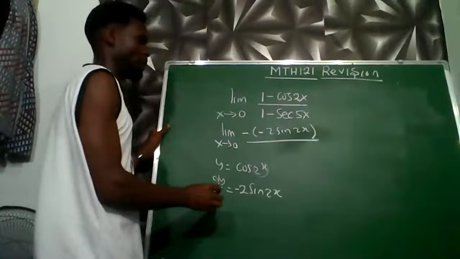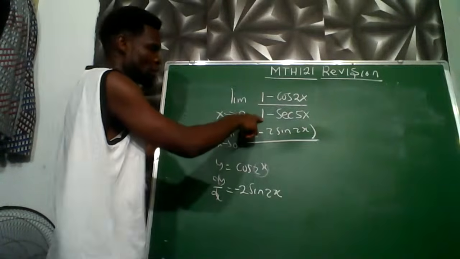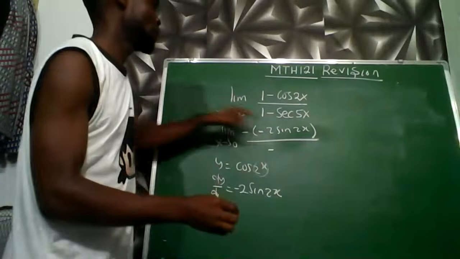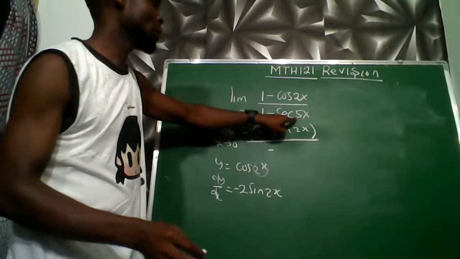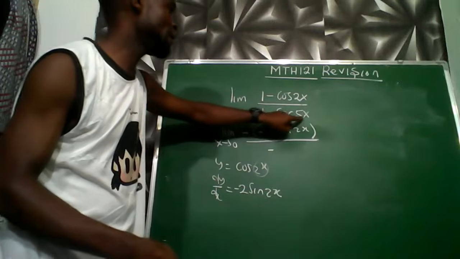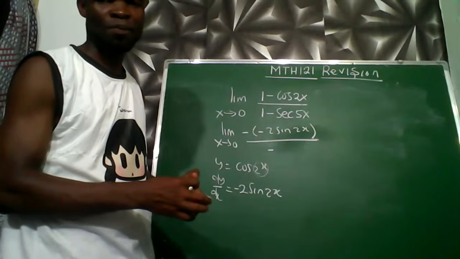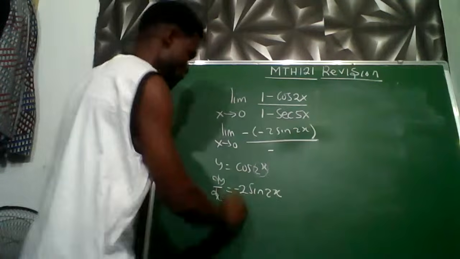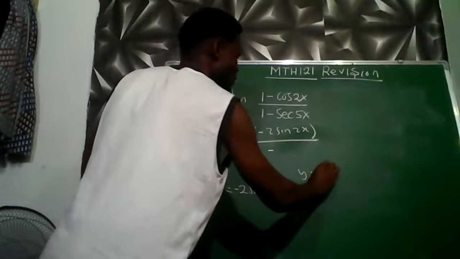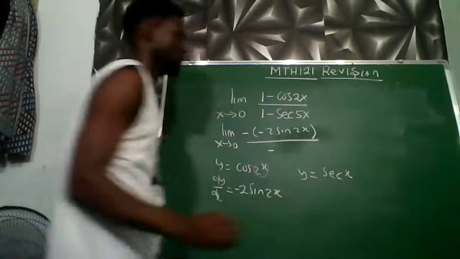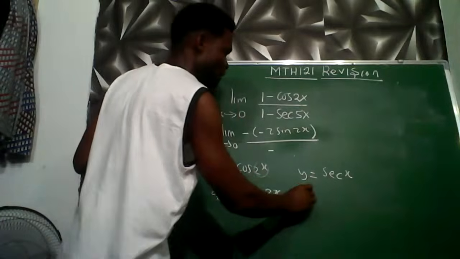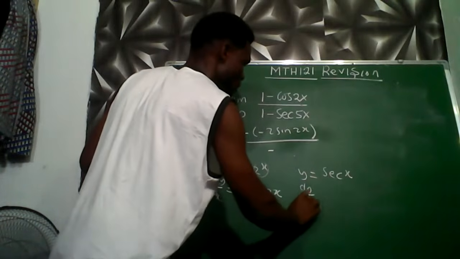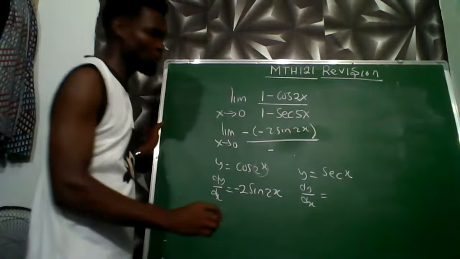All over the derivative of 1, which is 0, minus, now the same thing here. How do we differentiate sec 5x? It is important to note that if y is equal to sec x, then dy over dx is equal to sec x tan x.